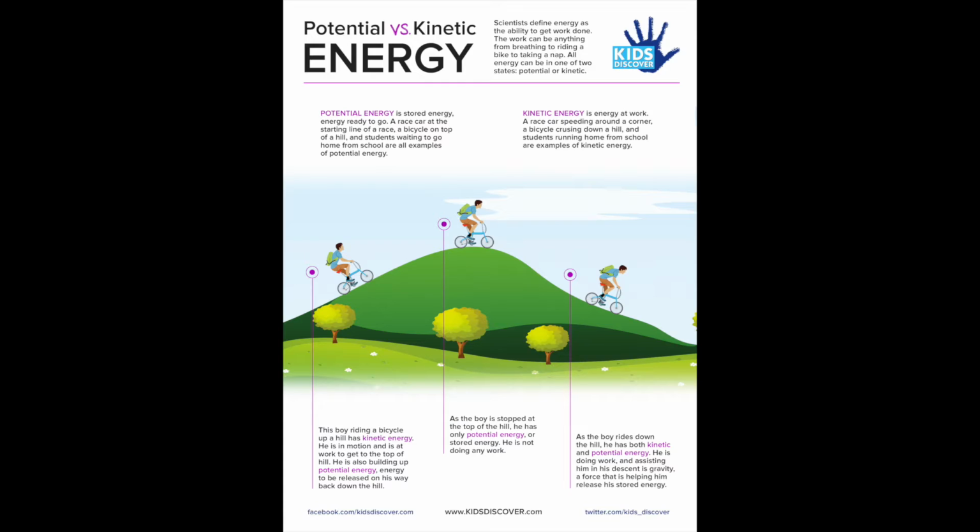When the marble is at its highest point on top of the hill, the marble has the most potential energy. And when the marble is traveling downhill, the potential energy decreases and the kinetic energy increases. And on the ground, the marble has the least amount of potential energy. Before you begin the activity, use this infographic to help you build your understanding of potential and kinetic energy.